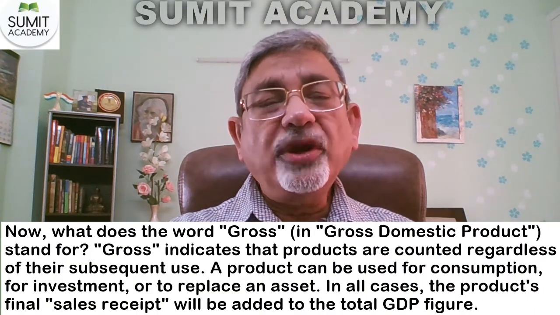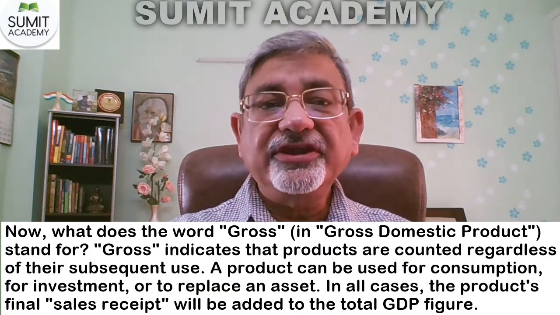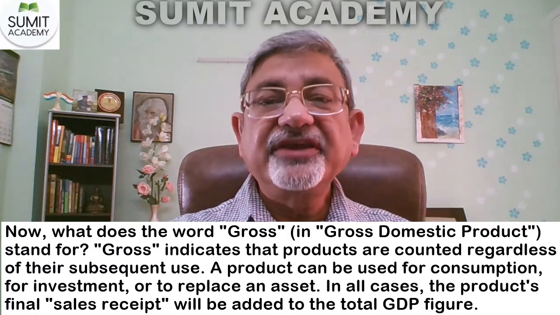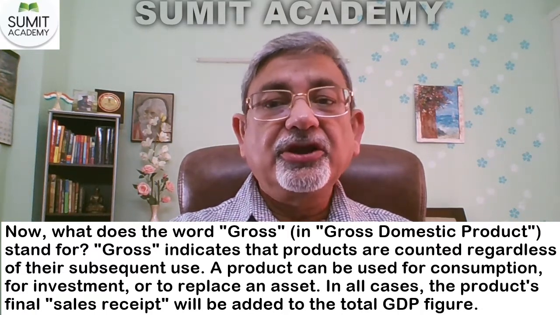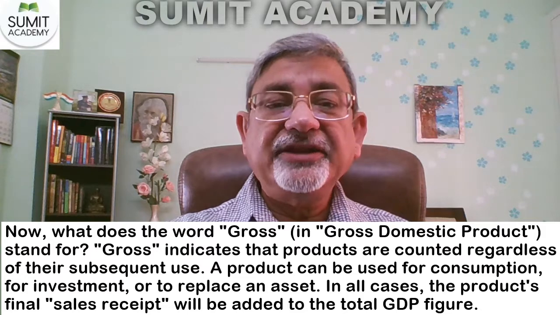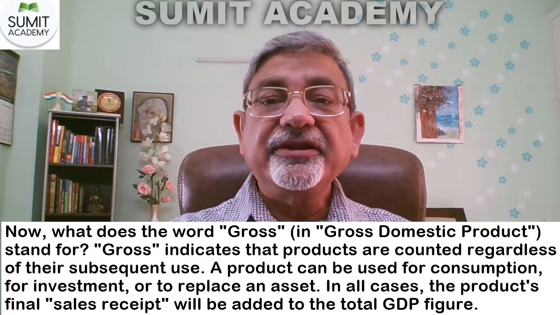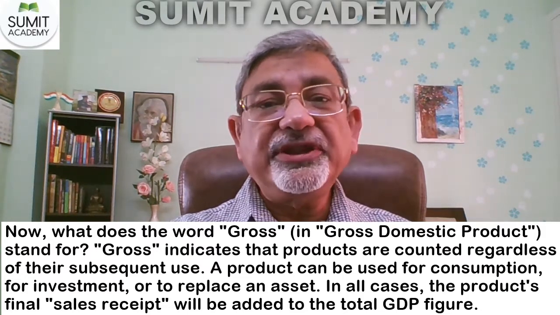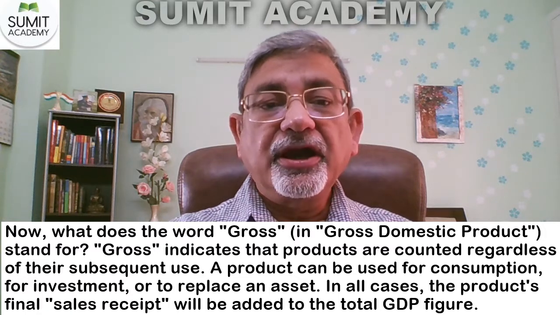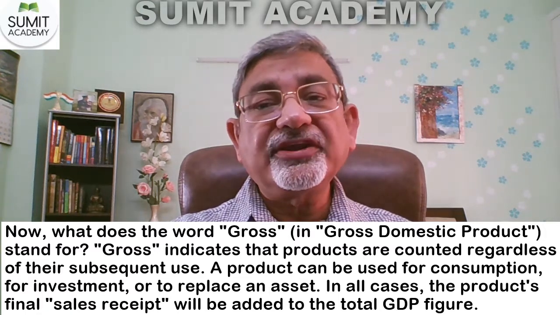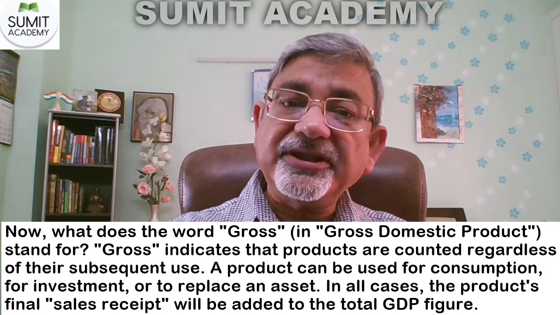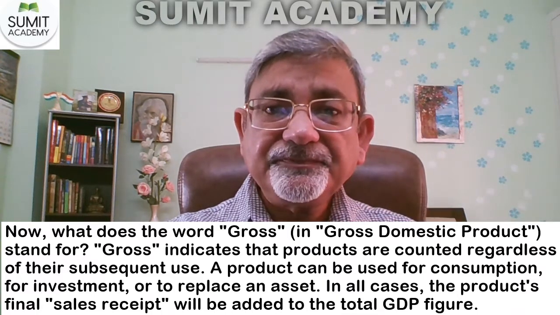Now, what does the word gross in gross domestic product stand for? Gross indicates that products are counted regardless of their subsequent use. A product can be used for consumption, for investment, or to replace an asset.